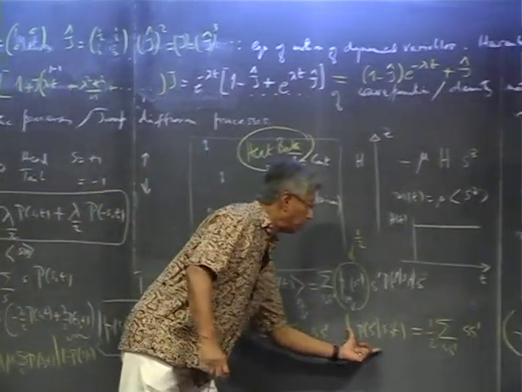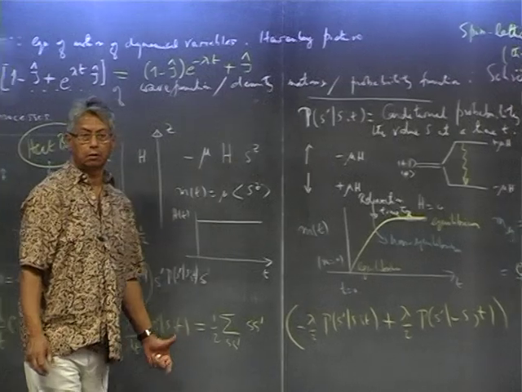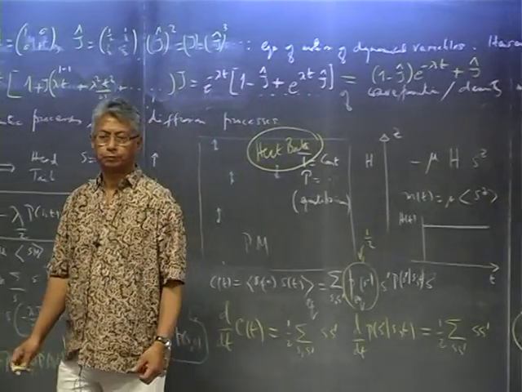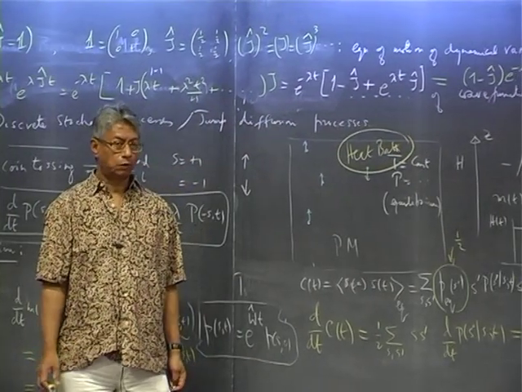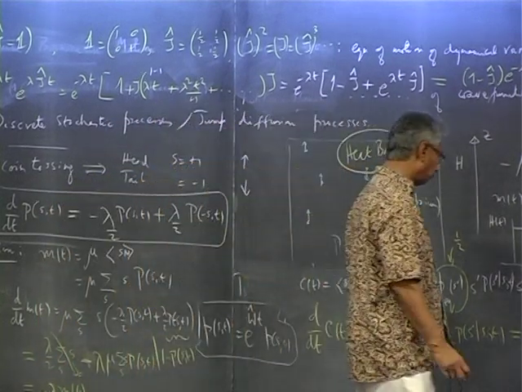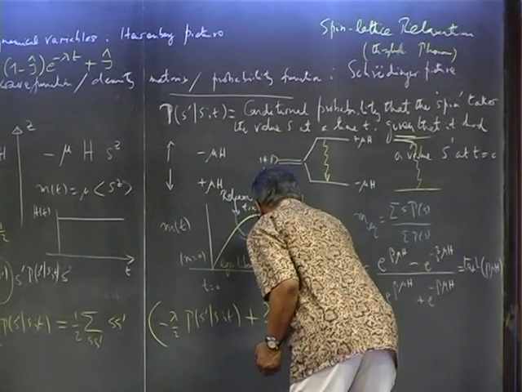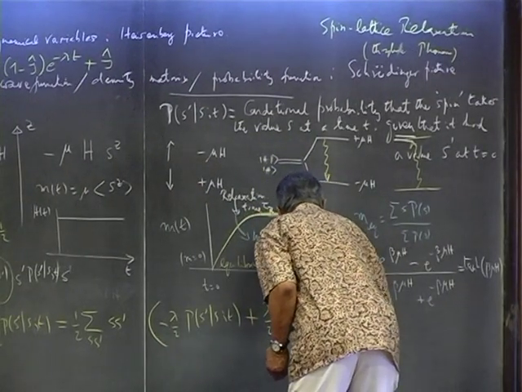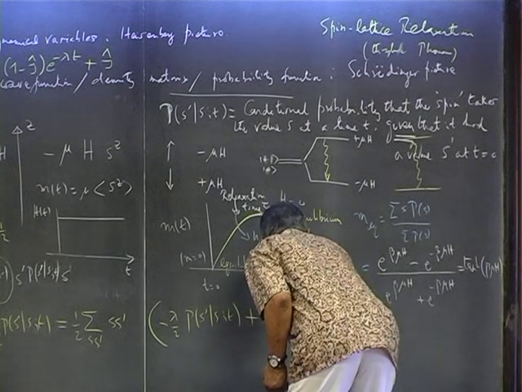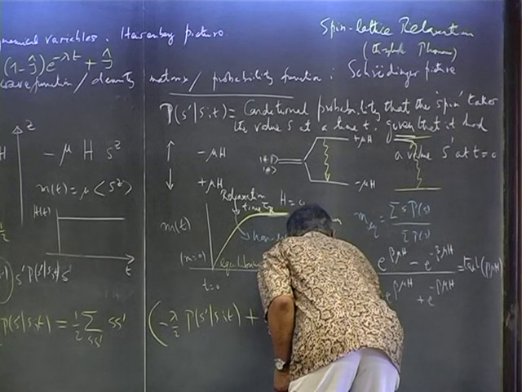So d/dt of that object is my rate equation form on the right-hand side. So again, I can massage this term. P of S' minus S, t is 1 minus P of S' plus S, t.